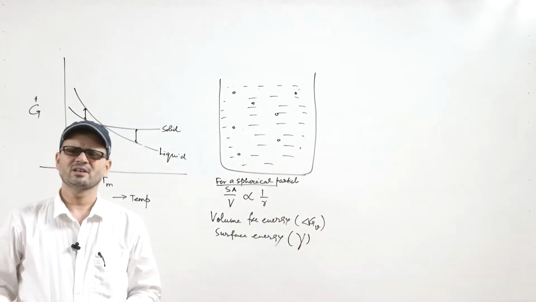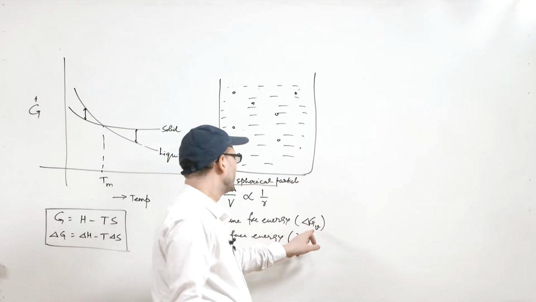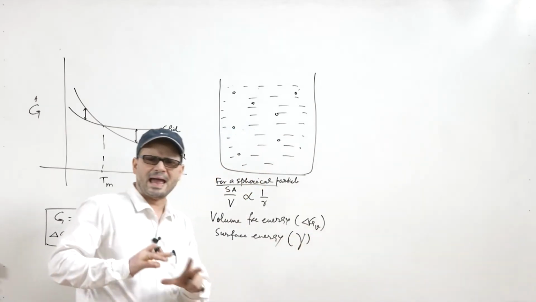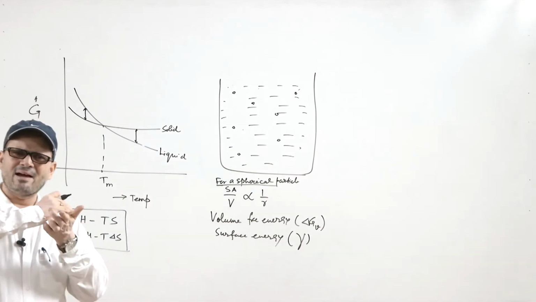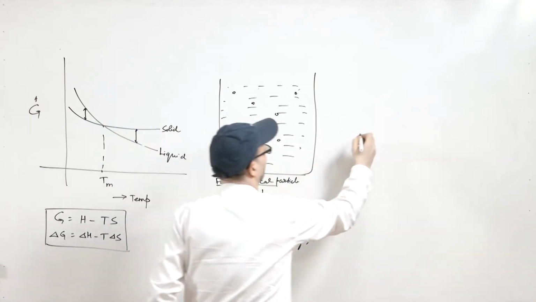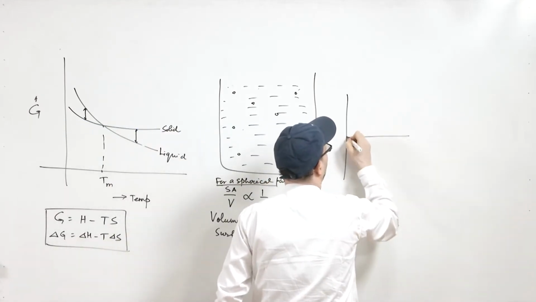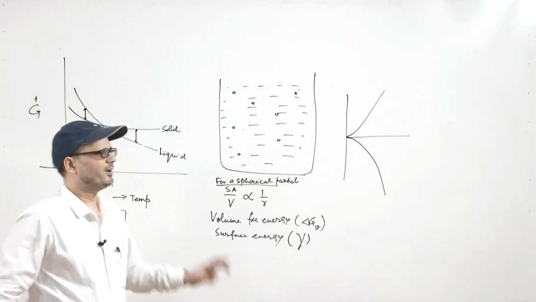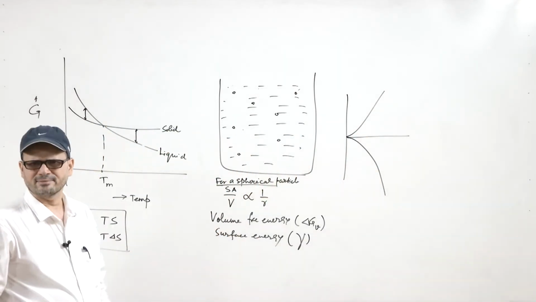The volume term is negative and the surface term is always positive. So the surface energy term goes in one direction and the volume free energy goes in the other. One is positive, another is negative.